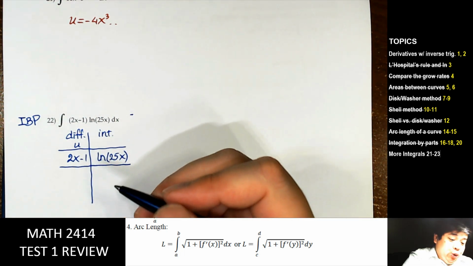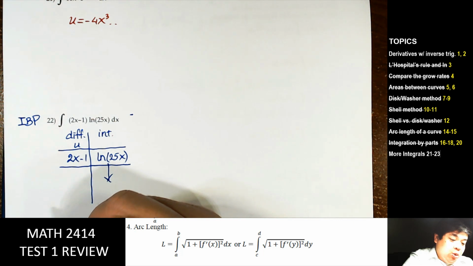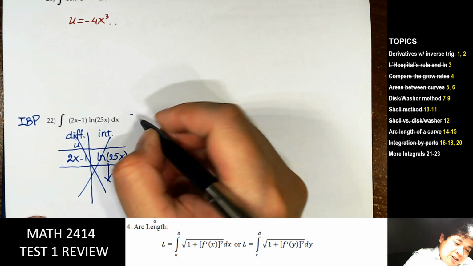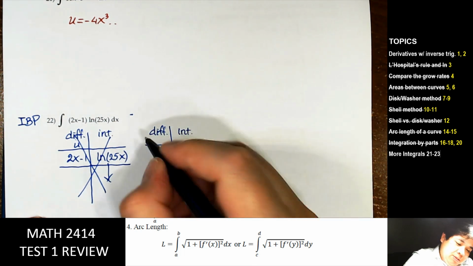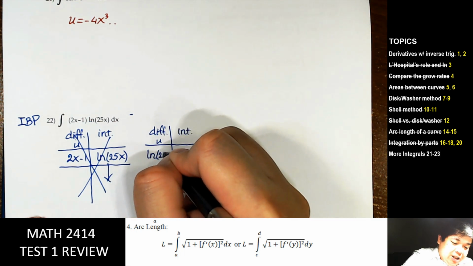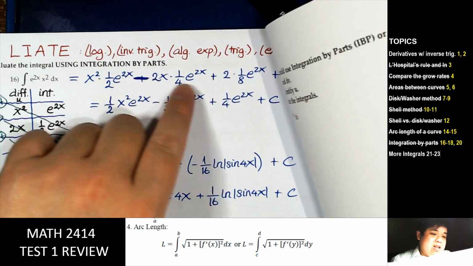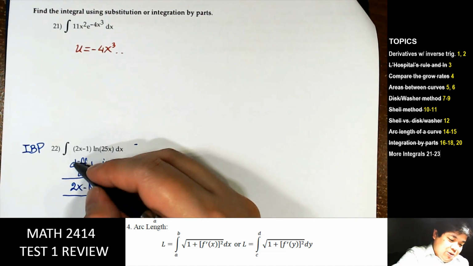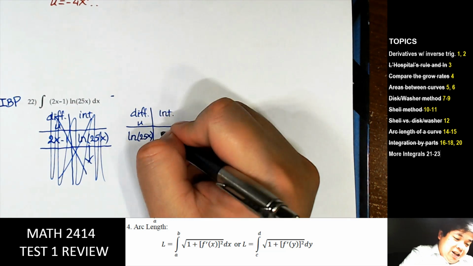If we do that, ln of x, we cannot integrate, so that's not going to work. So switch it up. We have to put ln of 25x here, because when we have the list, the first one on the list is the log, so this one doesn't work. Have to be ln of 25x. Then 2x minus 1.